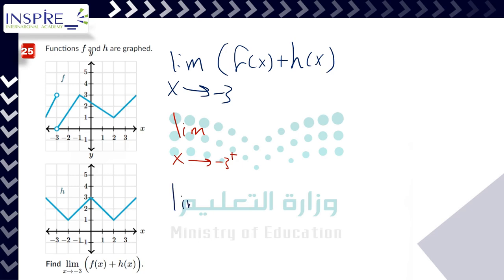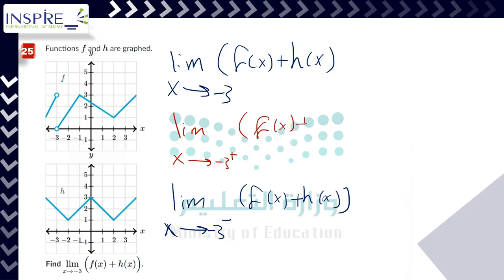So I will start with the right side and then the left side. And this is for f of x plus h of x. If both of them are equal, we have a limit. If both of them are different, we don't have a limit. Let's start from the right side first. Where is negative 3? Here is negative 3. Draw a line.